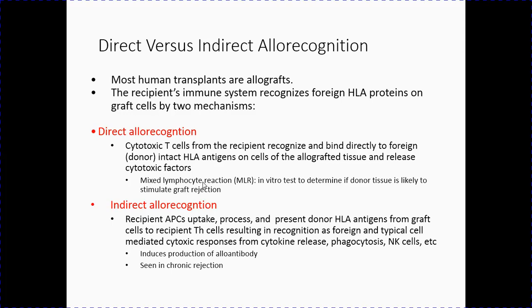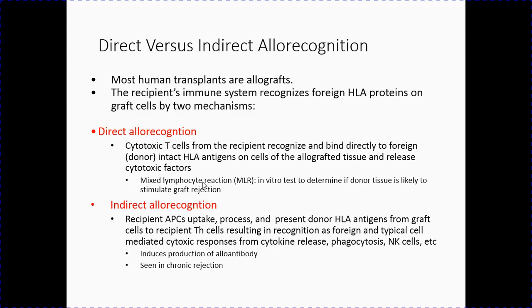Those naive T cells do what? They will differentiate into other cells. It may cause a cell-mediated response with cytokine release, may call for phagocytes to come and clean up the mess. It may call for natural killer cells. It may also induce B cell proliferation and production of antibody.